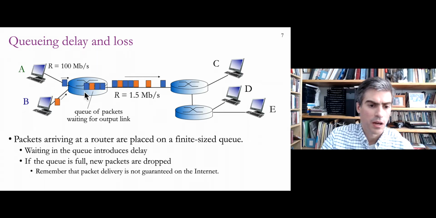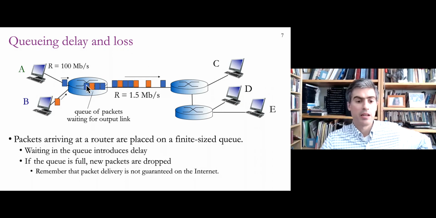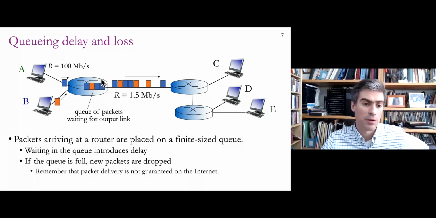If the rate of packets coming in is greater than the bit rate or throughput of the outbound links that it has, then this queue will just keep getting bigger and bigger. Eventually, if this queue is implemented in memory, which it would be, you'll run out of memory, the queue will get full, and new packets coming in will be dropped.